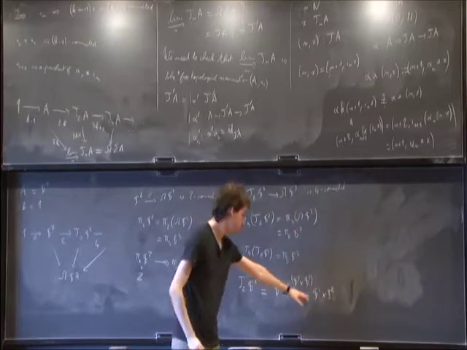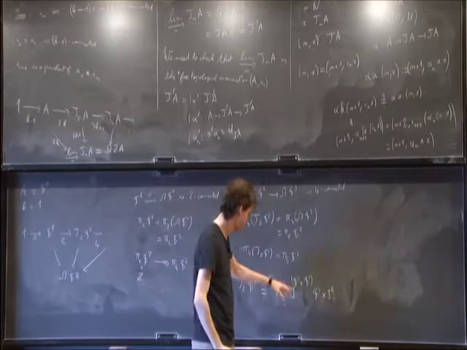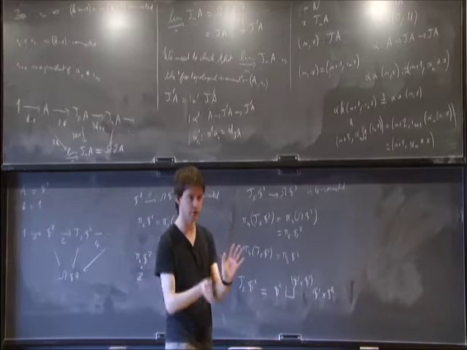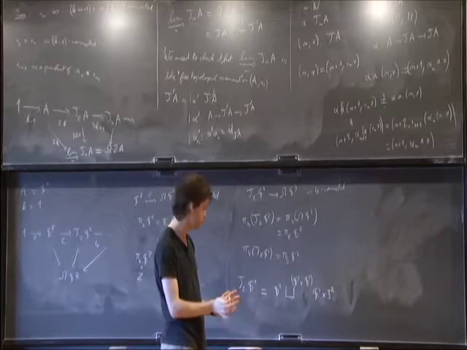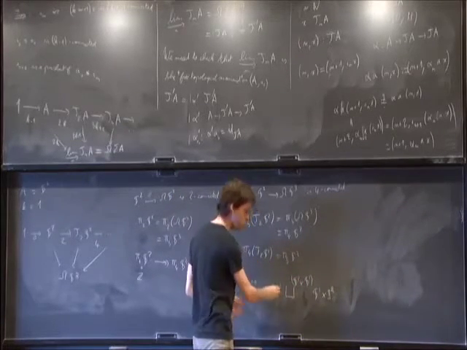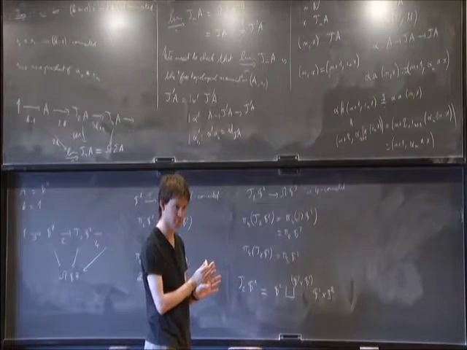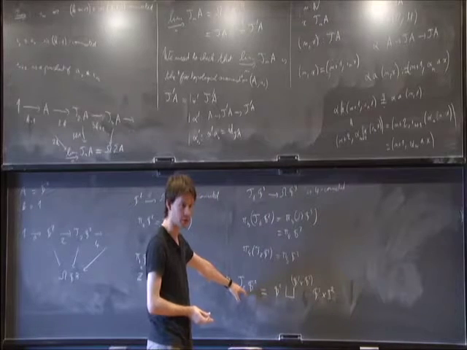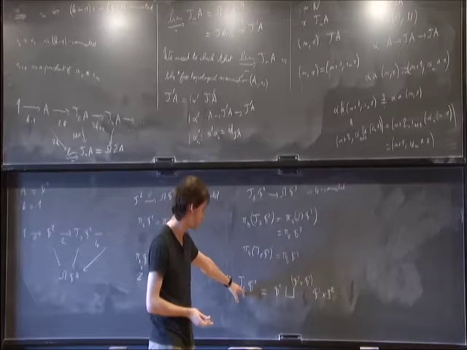So you take S2 times S2. You have the inclusion of the wedge into the product, corresponding to the two axes of S2 times S2. And you identify the two axes together. So if you want to see that as words of length at most 2, what is a word of length at most 2?